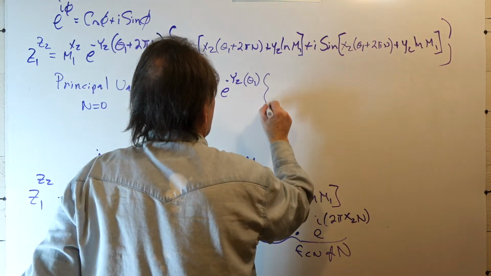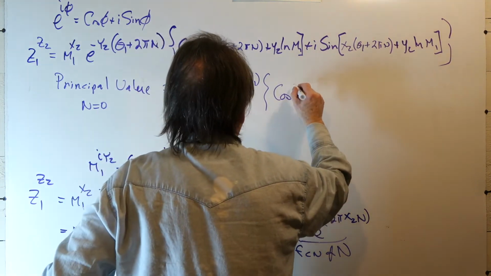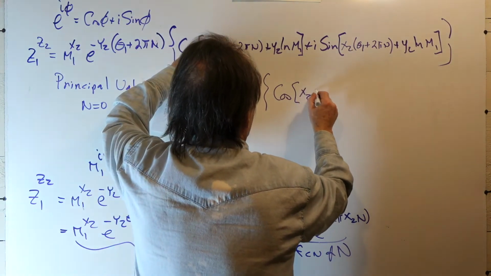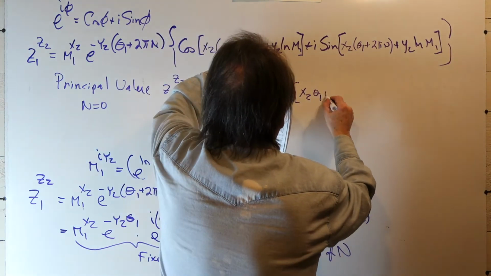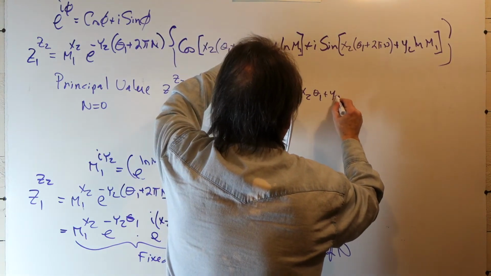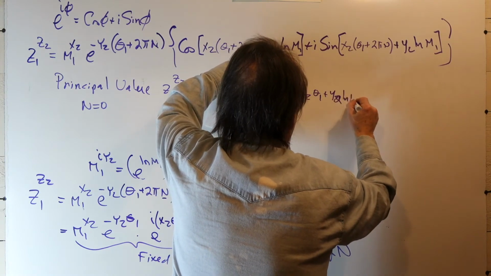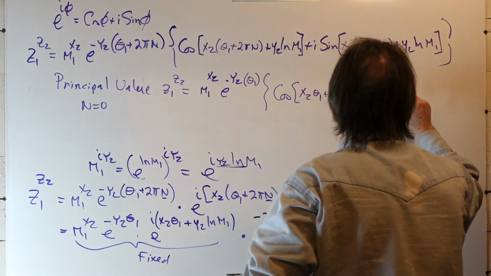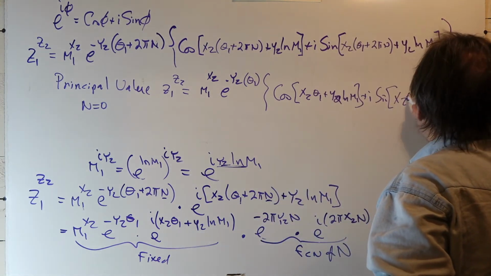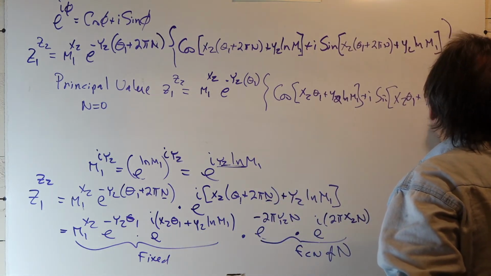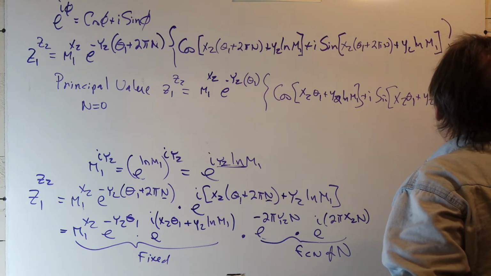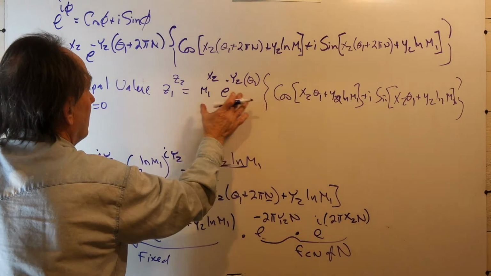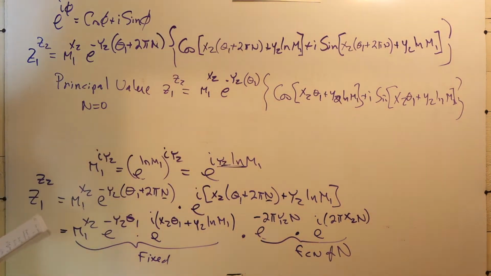And then this is times the cosine of x2 theta 1 plus y2 natural log m1 plus I sine x2 theta 1 plus y2 natural log m1. So that's the principal value there for z1 raised to the z2 power.